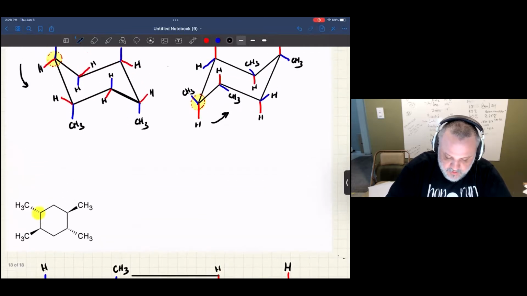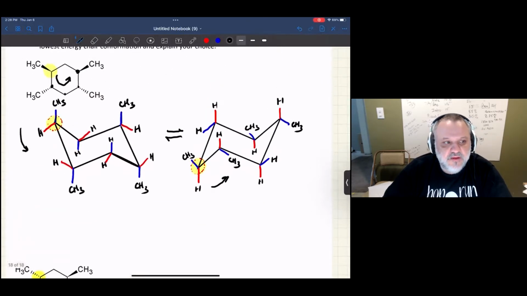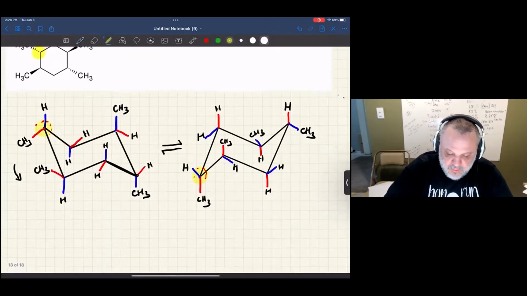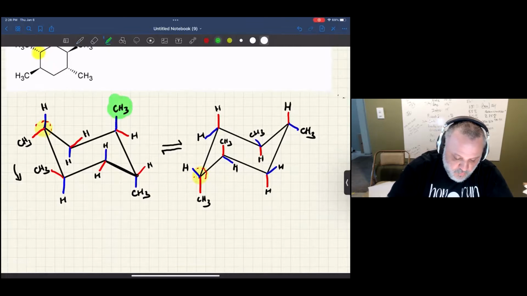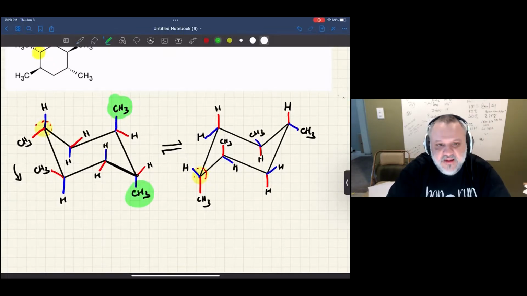written down, and I've got the equilibrium expression of the chair flips, I can examine which one is the lowest energy. So let's take a look. In this one, I have 1, 2 CH3s in an axial position. So I have 2 CH3s providing 1,3-diaxial strain.